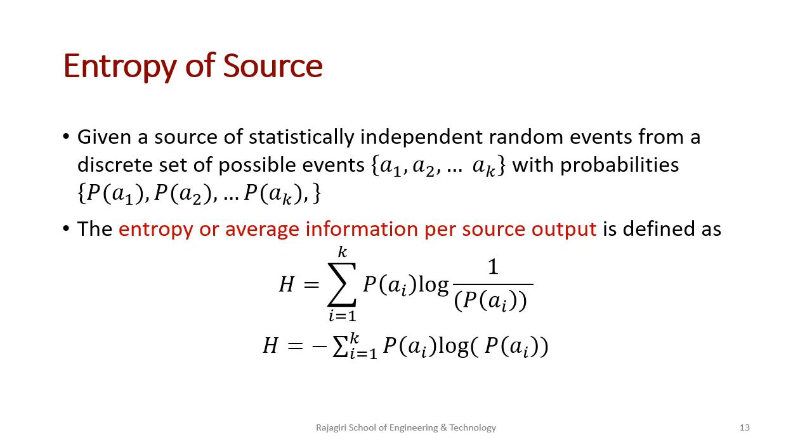Now, the performance of any coding scheme is measured in terms of its efficiency, which is in turn measured in terms of the entropy of the source code. So what do we mean by entropy?